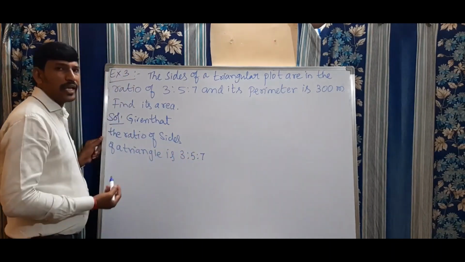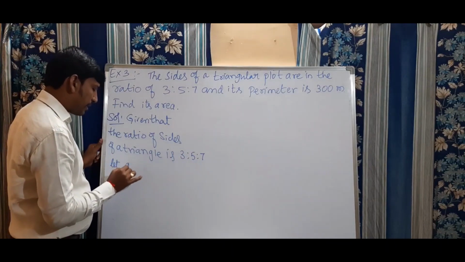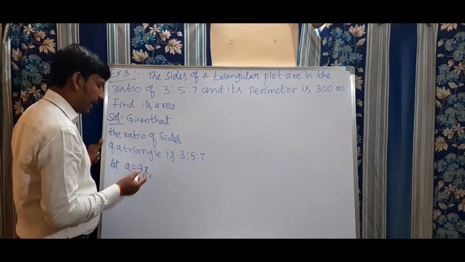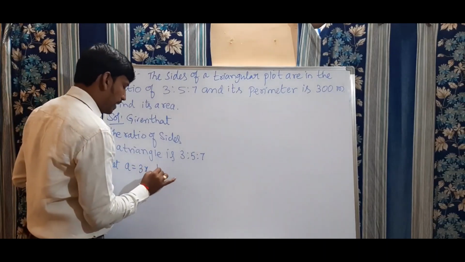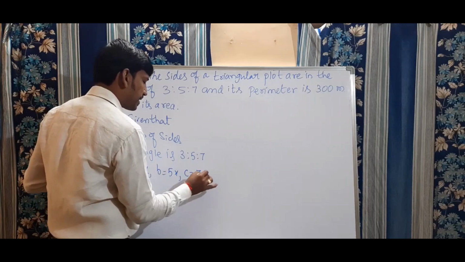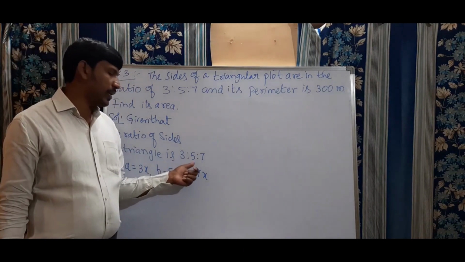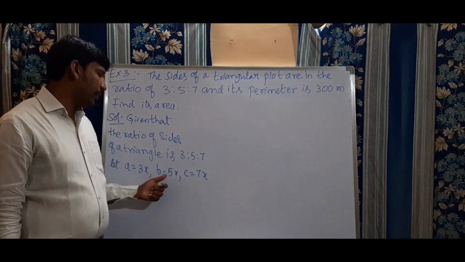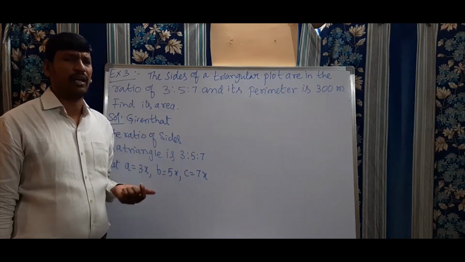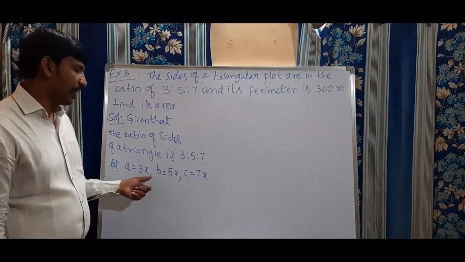When we remove this ratio, you get let a is equal to 3x, x is a variable here, and b is equal to 5x, and c is equal to 7x. Clear? This is the process when you remove the ratio. You can take any one variable as x or k, anything other than these a, b, c. You can take any alphabet as a variable.